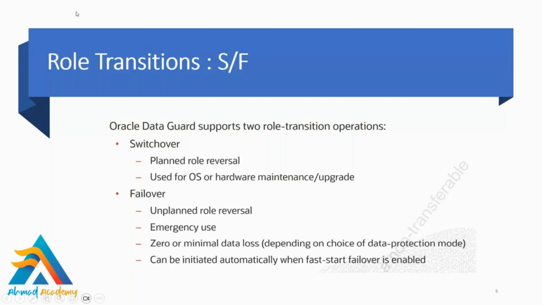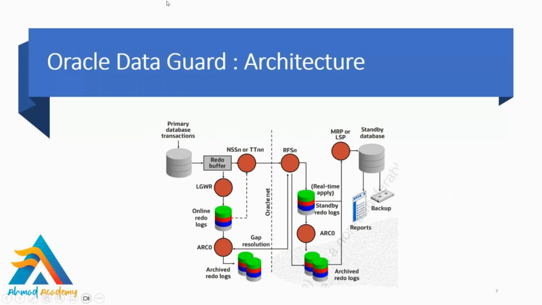And this is the Data Guard architecture, where you have the primary database and redo buffer, and you have the LNS process or TTnn process which transfers the redo data from the redo buffer. The RFS process will receive the redo data and store it into the standby redo logs, and then it is archived, and then it is applied to the standby by the MRP or LSP process.